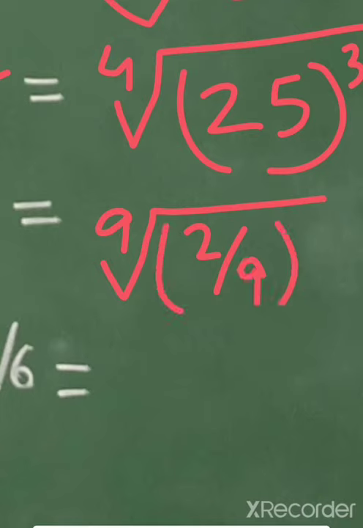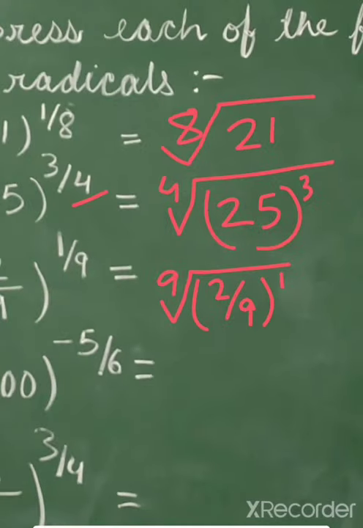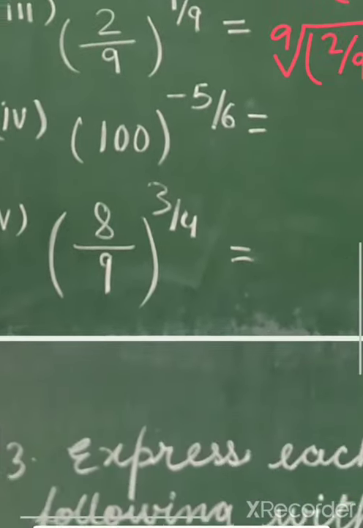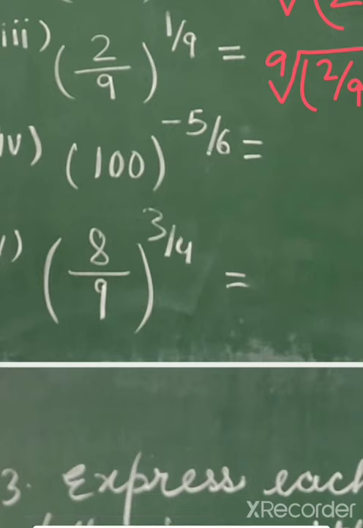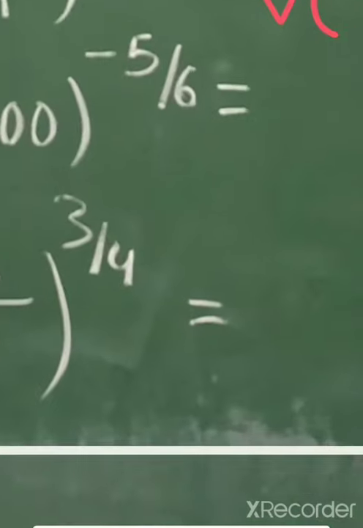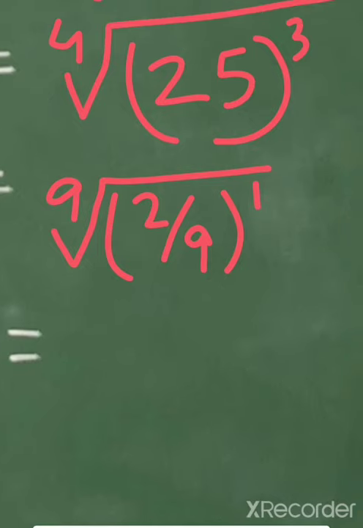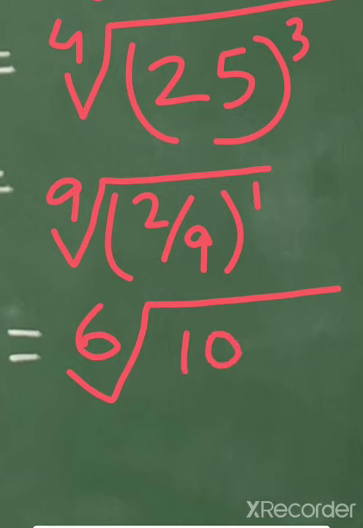We do not write power 1, and if we write power 1 then it's not incorrect. Now the fourth one is 100 to the power minus 5 by 6. So what should be the answer? Sixth root of 100 to the power minus 5. So we write down here, sixth is the radical root of 100 to the power minus 5.